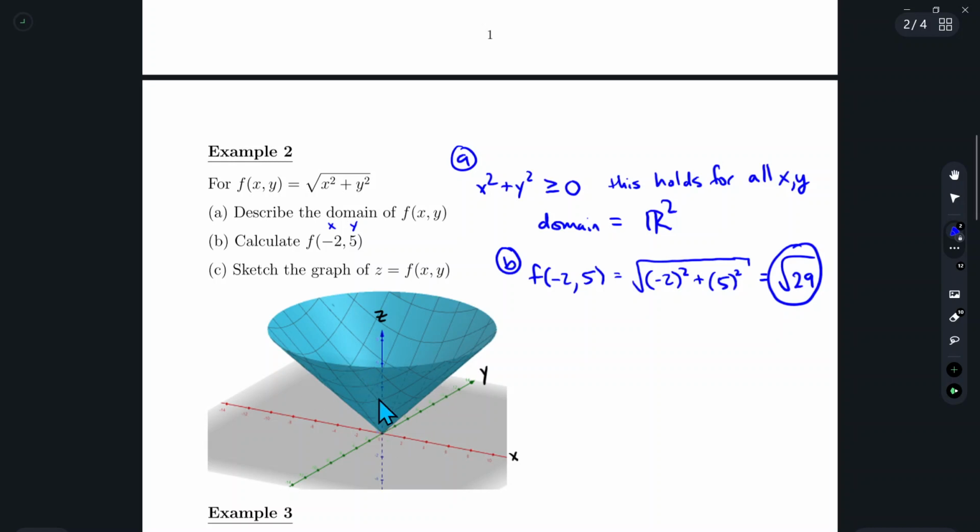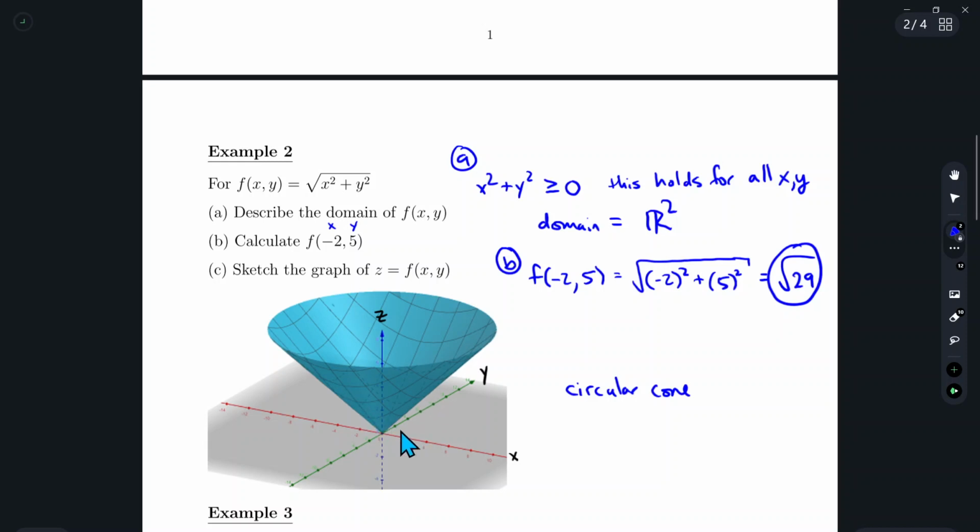So the shape of this graph is called a circular cone. Circular because if you take horizontal cross sections, they form circles. Technically this is only half a cone, because we think of this type of surface in three-dimensional space.